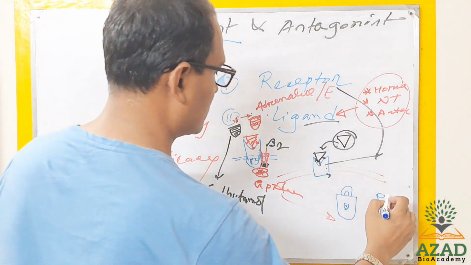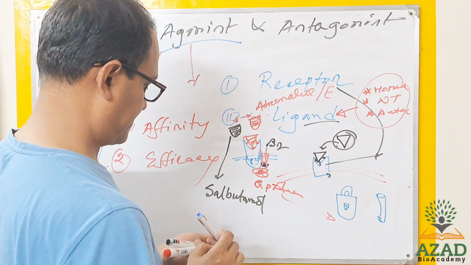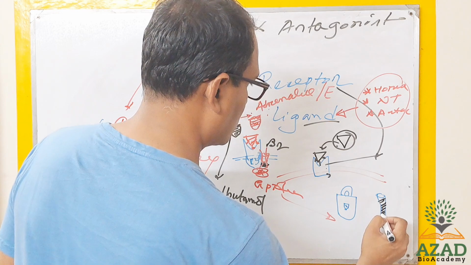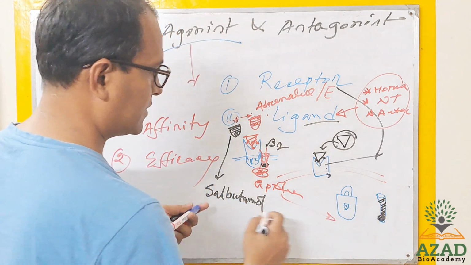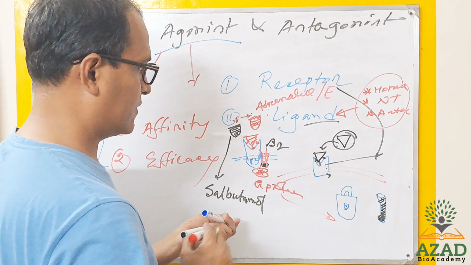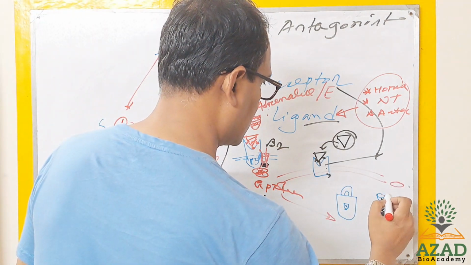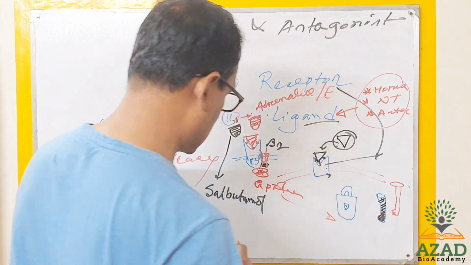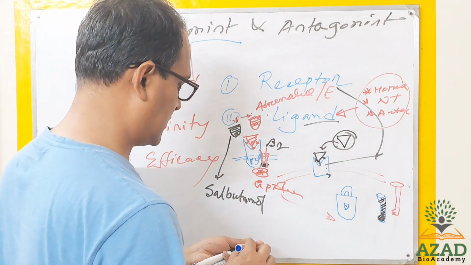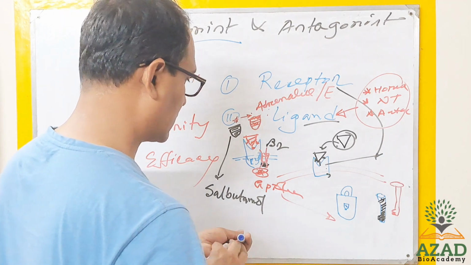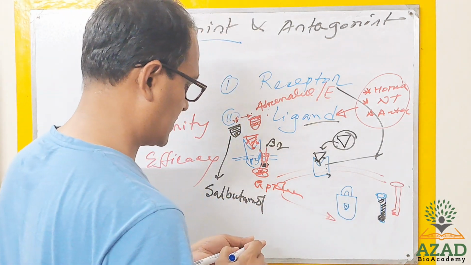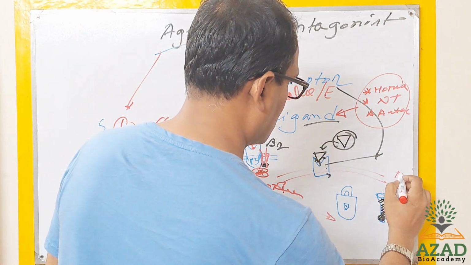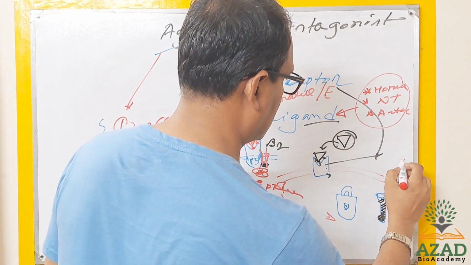Suppose this one, in black color, is salbutamol, and this one with the same structure is noradrenaline, or you can say adrenaline.